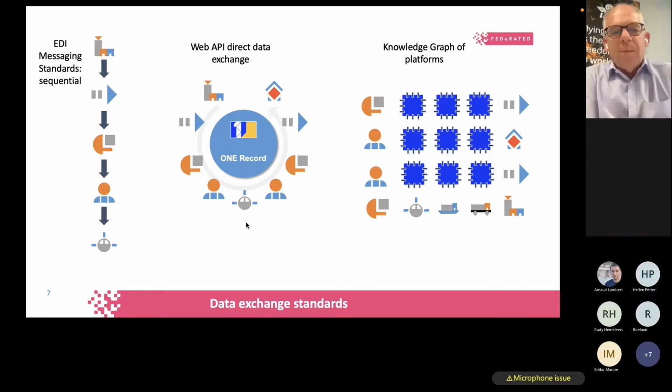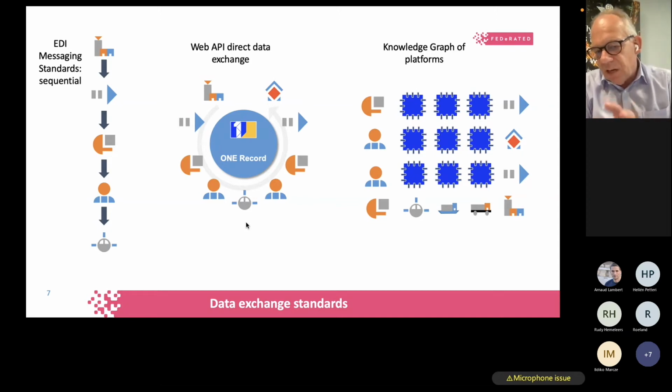The web API direct data exchange is the API world. I put one record here because that's our standard, but I could have put federated there, where all parties can interact directly via web APIs. But what we're really working towards is what is technically called a knowledge graph. And a knowledge graph is actually the implementation of lots of different semantic endpoints, the stuff we're discussing today.